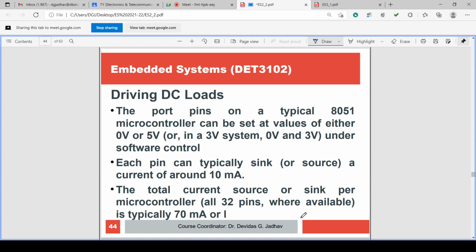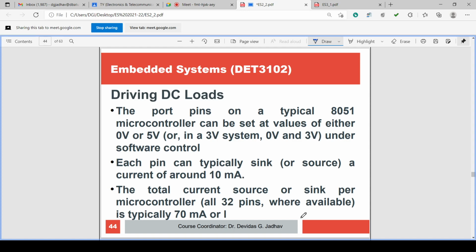Sinking means external circuitry current is absorbed by the pin, and the microcontroller provides or outputs current to the external circuitry.